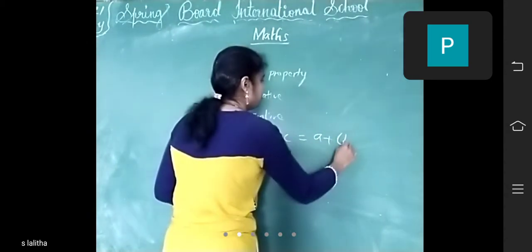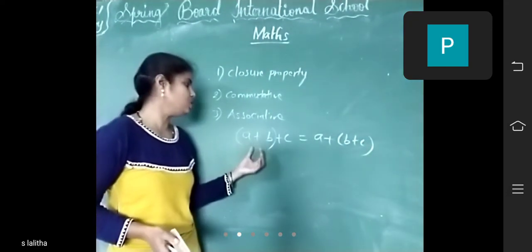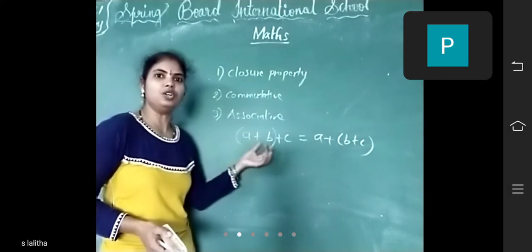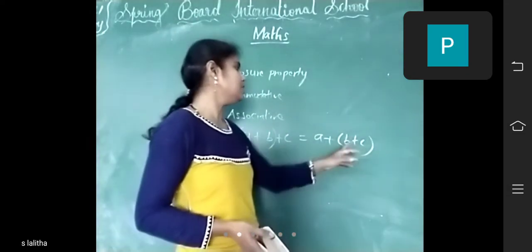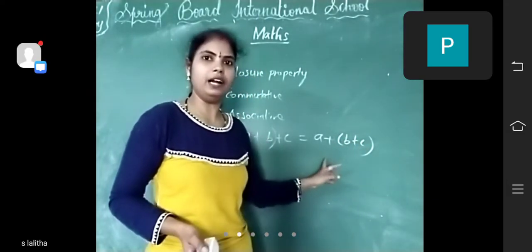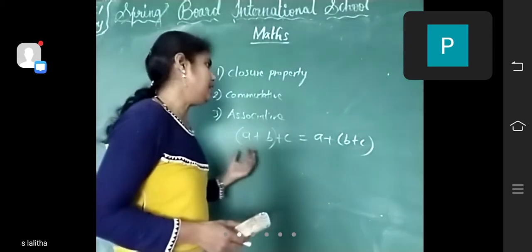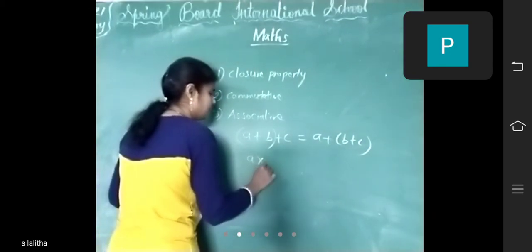So here, on the LHS side, first you add the first two whole numbers, then add the third whole number. In RHS, first you add the second and third whole numbers, then you add the first whole number. That is called associative property. And multiplication, same process.